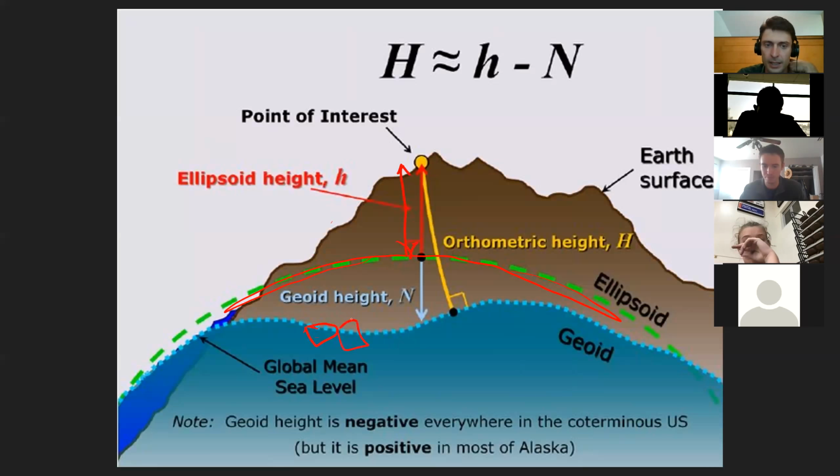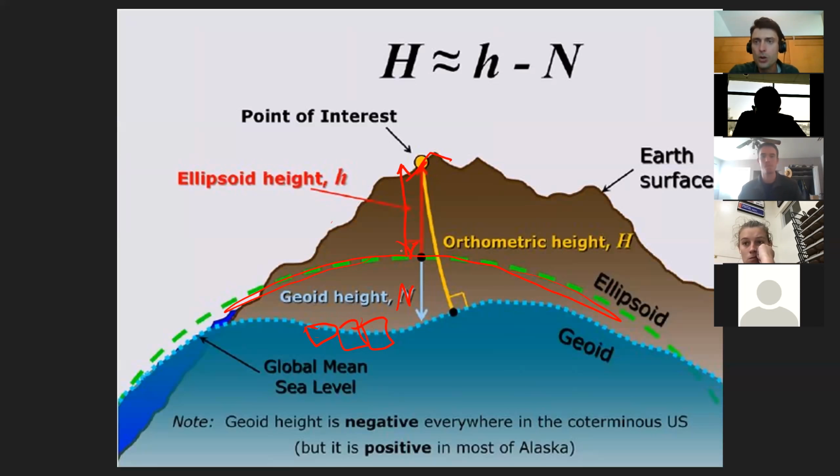So every point in North America is going to have this N value in it. And so it'll say, okay, you're in this grid cell, you're 14 meters below or whatever. So you can actually get an orthometric height with a phone. Right now it's telling me that I've got an accuracy of 10.7 meters. So, take it or leave it, but you could correct it based off of the geoid height to get your orthometric height.